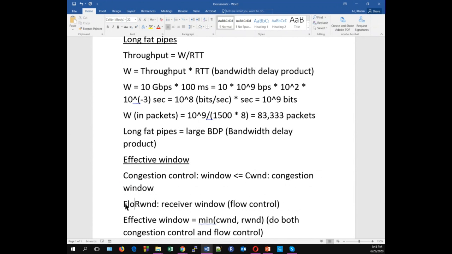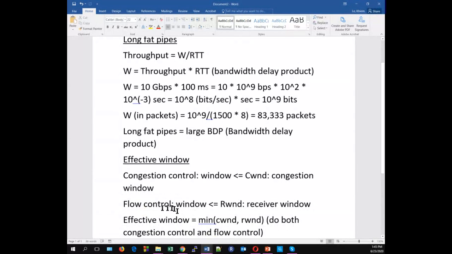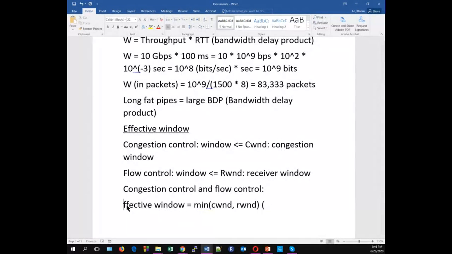Okay, to do flow control, now because it has to do both, any question on the effective window?